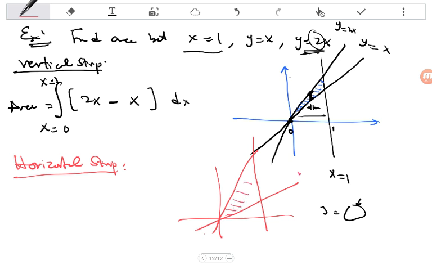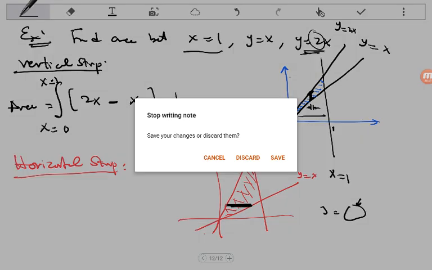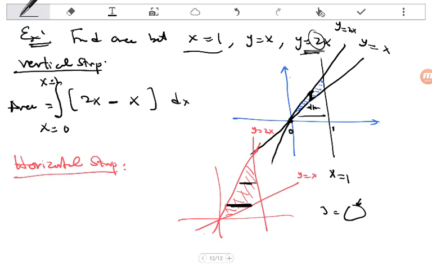This is y equals x, and this is y equals 2x, and this is our region. Now I want to cover it with a strip. This is a strip, but this is another strip. I need to cover the whole region. But when I define some strip here, this area would be separated like this.